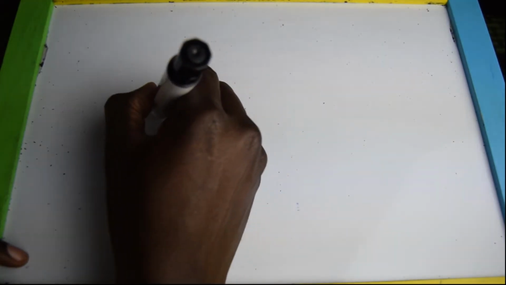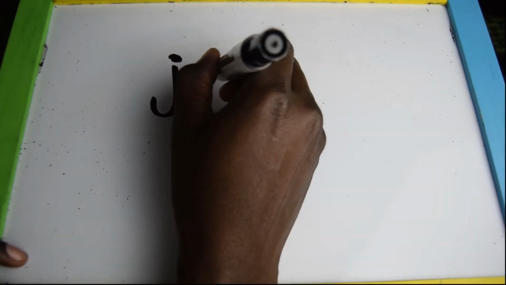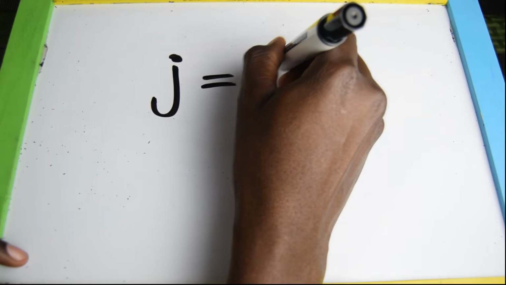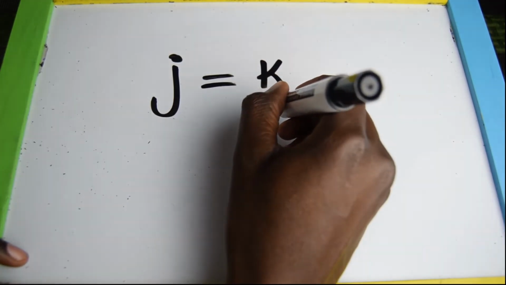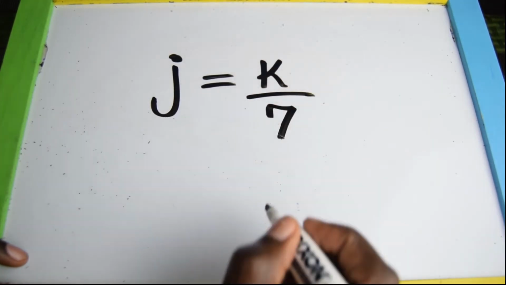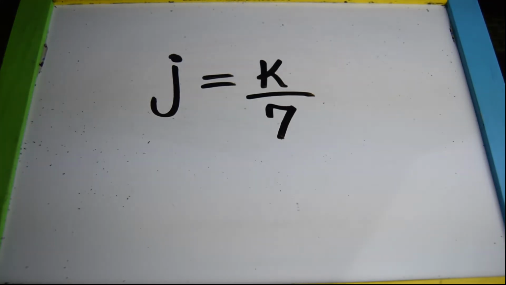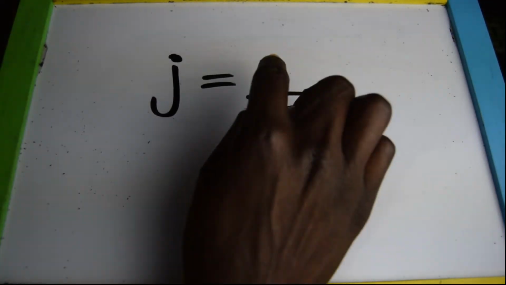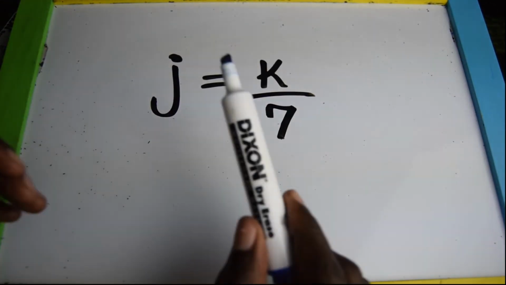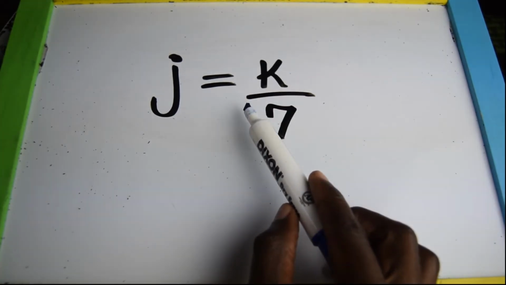One more example of one-step equations. You have j equal to k over 7, and you're told to solve for k. How do you get k by itself here?